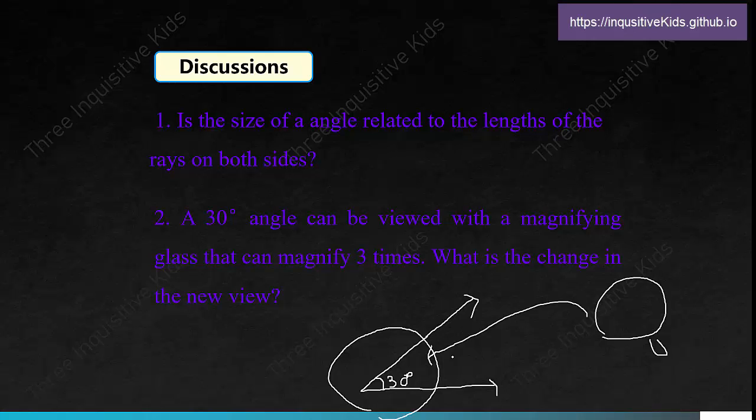But did the size of that angle change? No, it didn't. It's almost like cutting off some rays. But remember, the rays don't matter. The angle will still stay the same, no matter if you zoom in or zoom out, or cut out the rays or not, because you can never cut out a ray. They'll keep going.